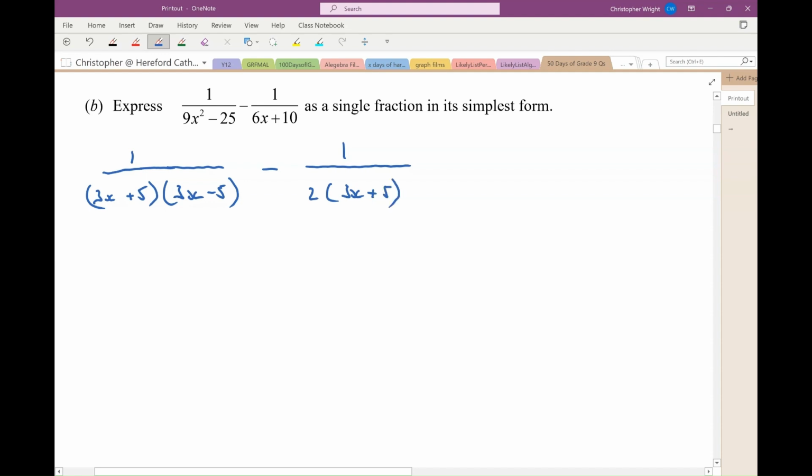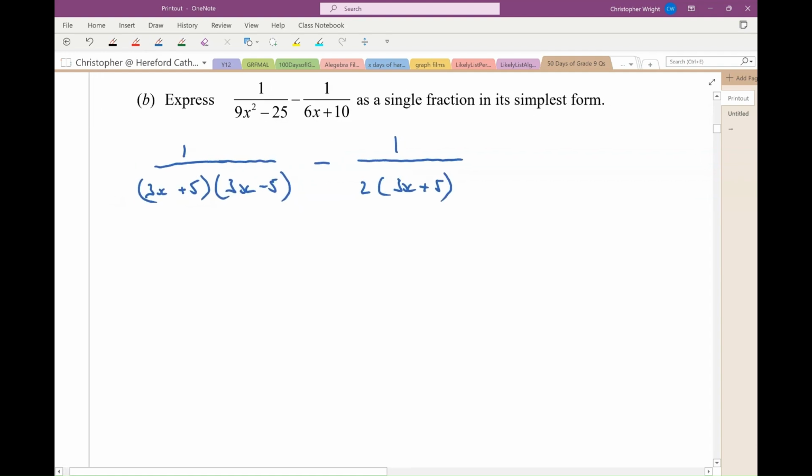Right. Now, if I'm going to subtract these fractions, then I need to be working with a common denominator. Let's have a think about the lowest common denominator I could be dealing with. Well, the lowest common denominator is going to be 2 lots of 3x plus 5 times my 3x minus 5. Now, let's look at this first fraction here. What's this denominator being multiplied by to get my new denominator?